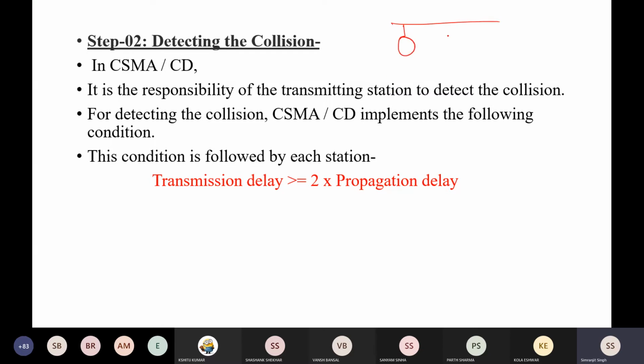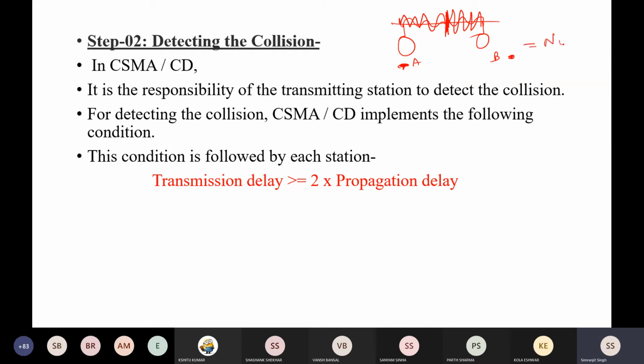Suppose I am A and this is B, and I have sent some packet, and B has also sent some packet, and there is a collision here. It is the responsibility of A, and also of B, to know that a collision has occurred. Why is it the responsibility of these two stations?